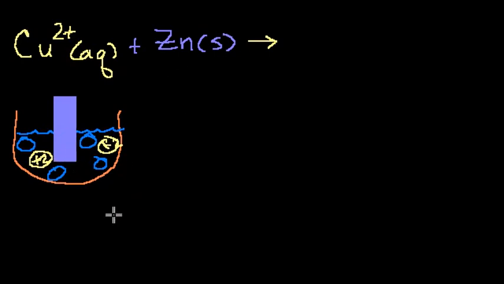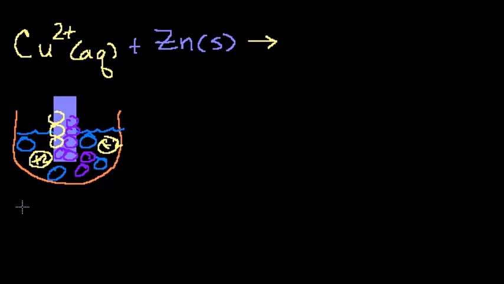And so what this reaction says is that these copper ions, if they can get a hold of some electrons and essentially become neutral, they would rather go back into the solid state. And the molecules of zinc out here that are in the solid state, if they can lose some electrons, they want to jump into the solution.